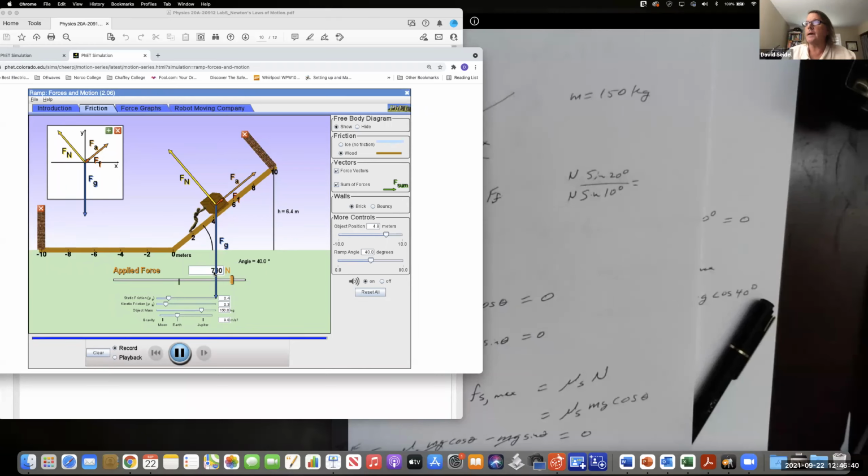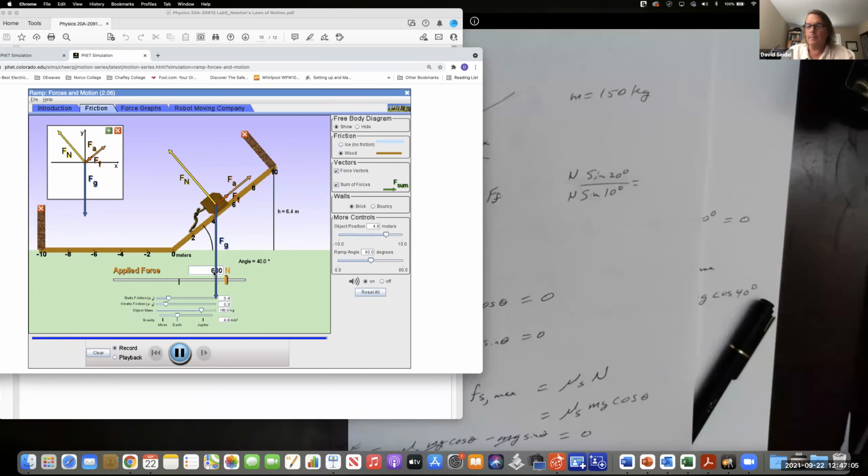Didn't start sliding down. Still stationary, didn't start sliding down. How about if I put 700? Do you think it'll start sliding down then? It still didn't start sliding down. How about 600?